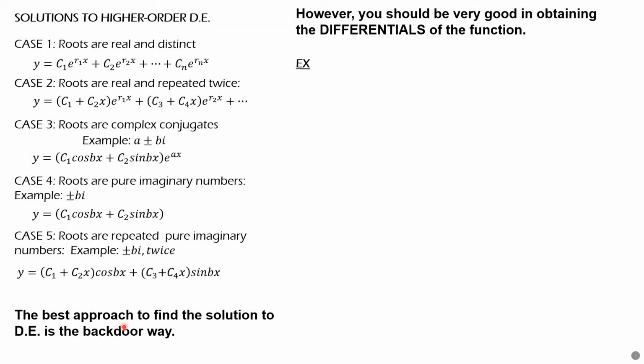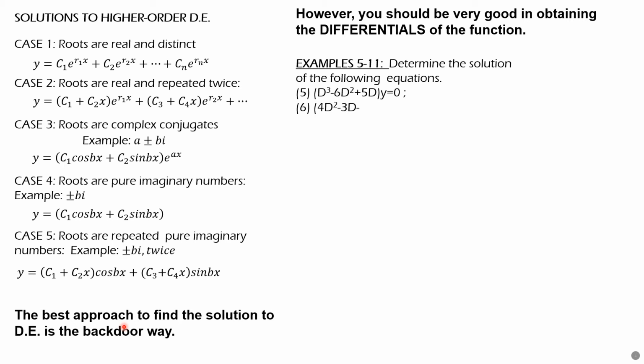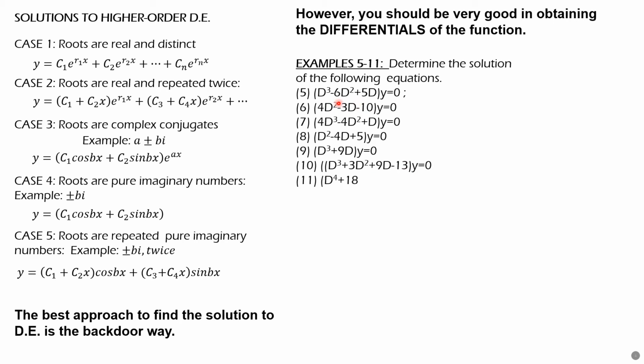So let's have this 6-2, 7 exercises. Determine the solution of the following equations. So we have third derivative of y with respect to x minus 6 times second derivative of y with respect to x plus 5 times first derivative of y with respect to x equals 0 and so on.